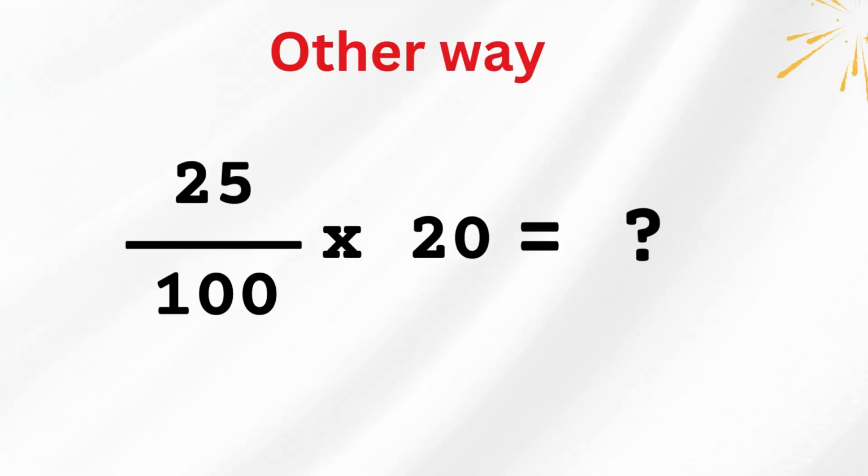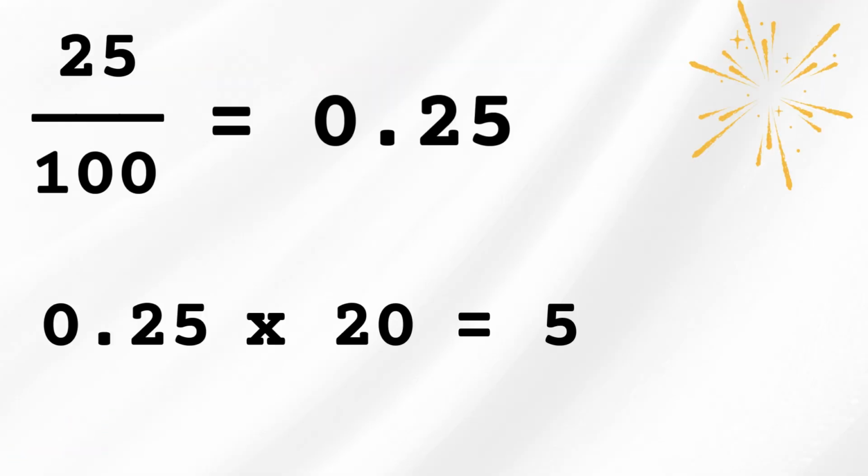Now let's solve it another way. We've got a shirt that originally cost $20, but it's on sale for 25% off, right? So how much money will we save? First, let's figure out what 25% of 20 is. Remember, 25% means 25 out of 100. To find 25% of 20, we can convert 25% into a decimal. 25% is the same as 0.25.